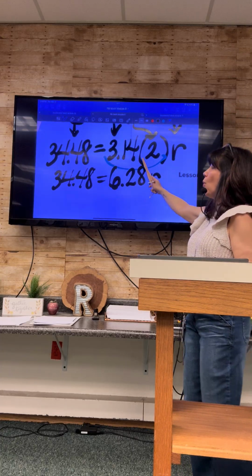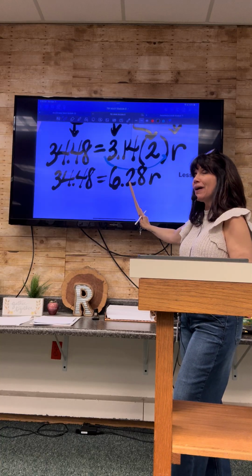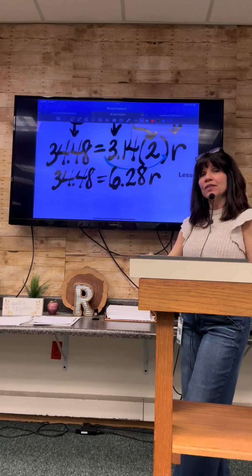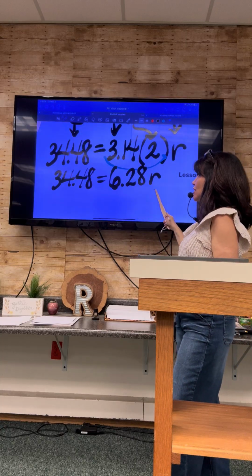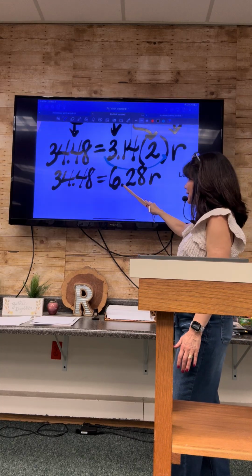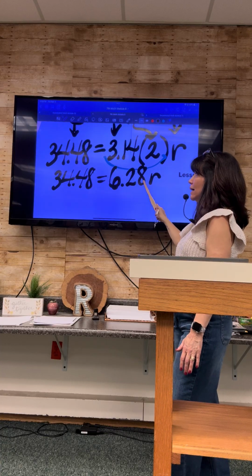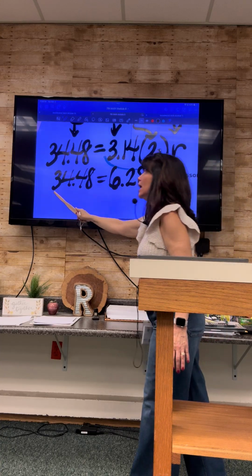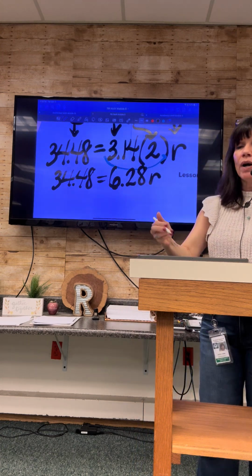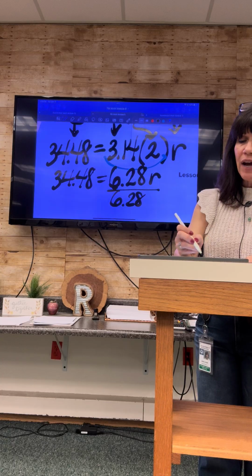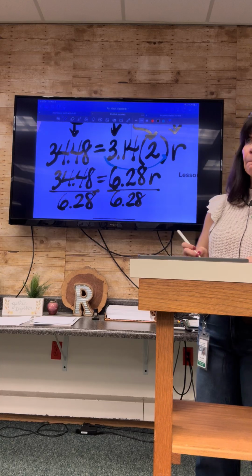Now we have it down to a single step equation. R is being what by 6.28? Multiplied. What is the inverse operation? Divide by? Say it again. Do this on both sides. So underneath both sides, divide by 6.28.